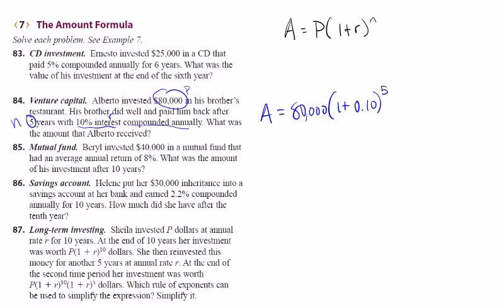We can simplify if we want to. So 80,000, and then 1 plus 0.1, we'll do what's inside the parentheses first, so that would be 1.1 to the 5th power. And if we're using PEMDAS, we would do 1.1 to the 5th power next, and we would get approximately 1.61, and then we multiply that by 80,000.